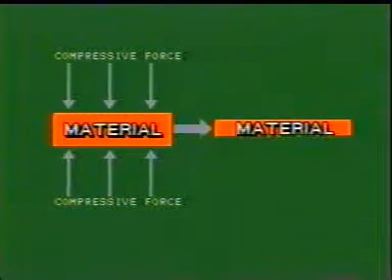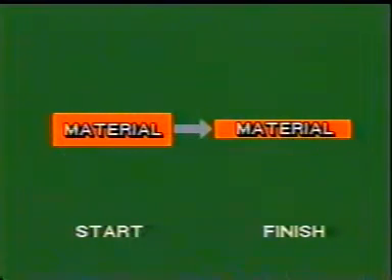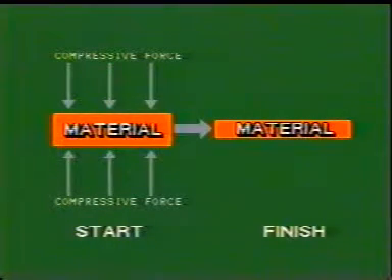The result is that material size decreases in the direction of compressive forces and spreads in a direction lateral to compressive forces. This process, when applied to production of a component, should result in a component of desired shape and size.